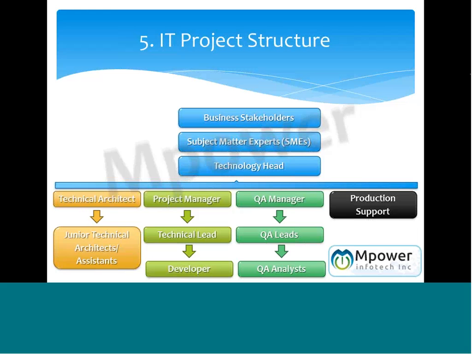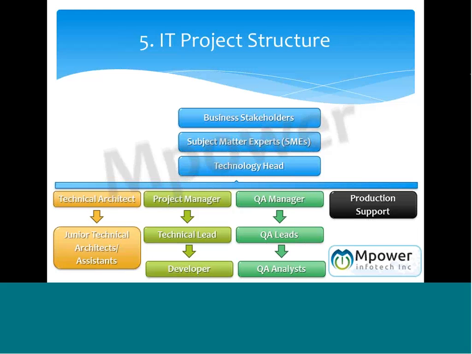However, the QA leads. Now here in the IT industry, a company may have so many projects that are implemented, right? Every project may have a dedicated project manager. Similarly, every project will have a QA lead.